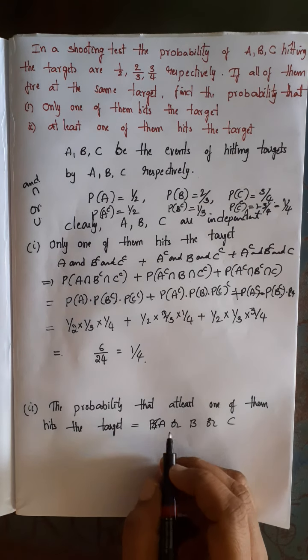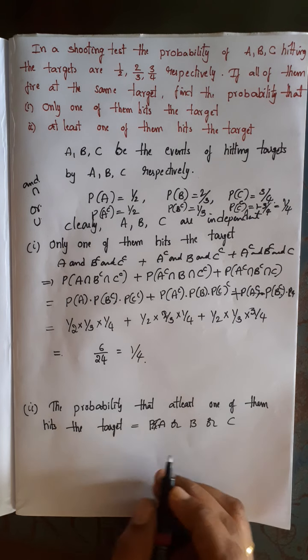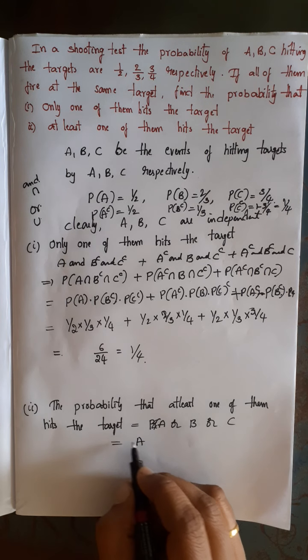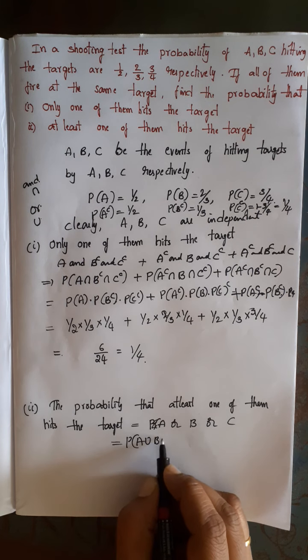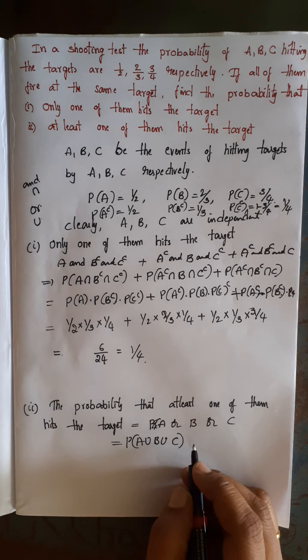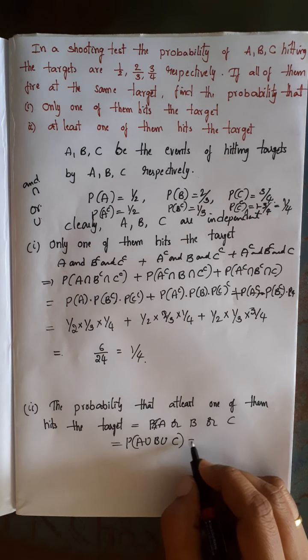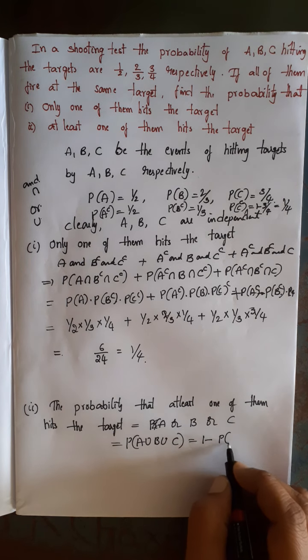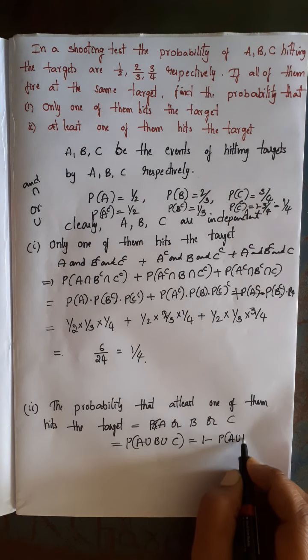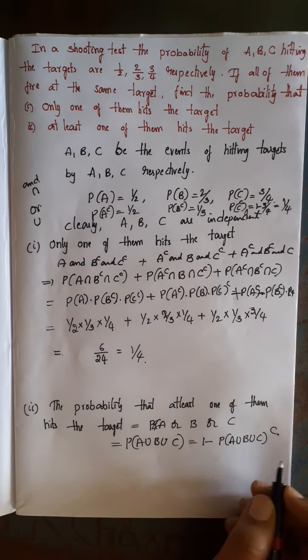So A or B or C, that is nothing but probability of A union B union C, is equal to 1 minus P of A union B union C whole complement.